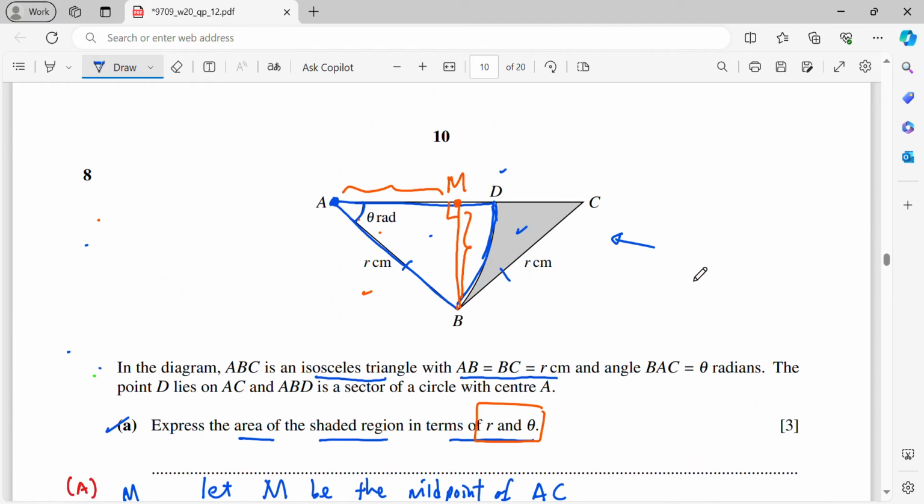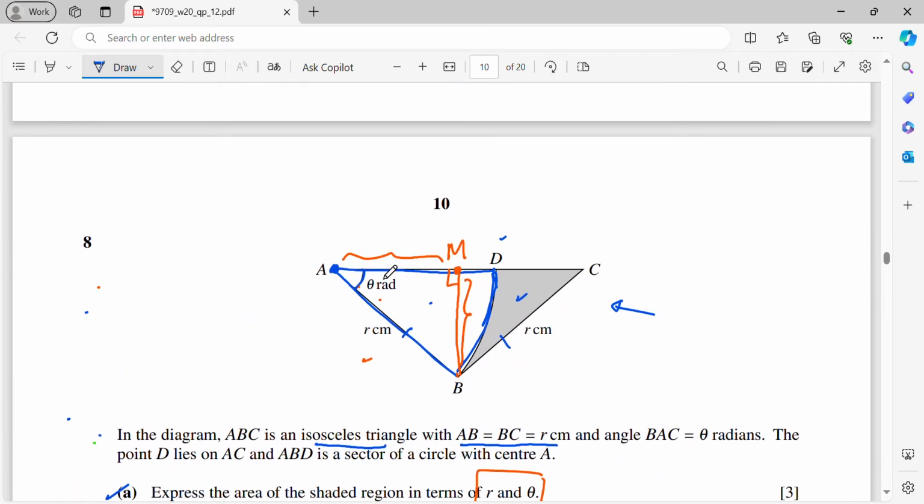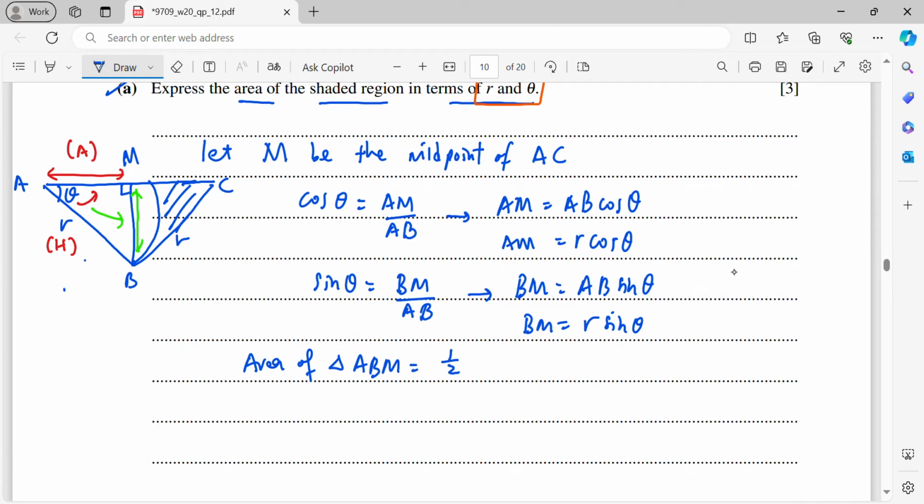So now I can find the area of ABM. Right, so area of triangle ABC, that is double of area of triangle ABM.